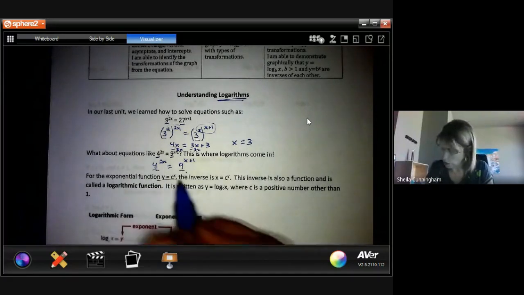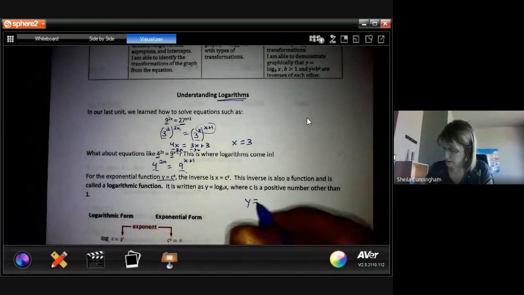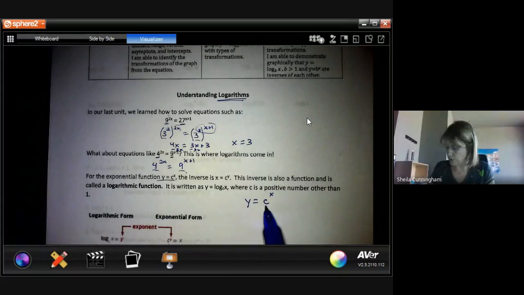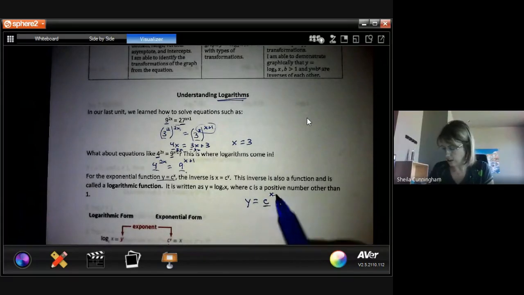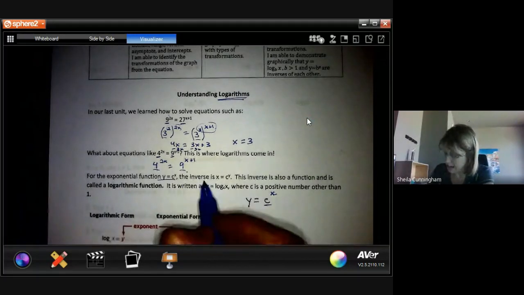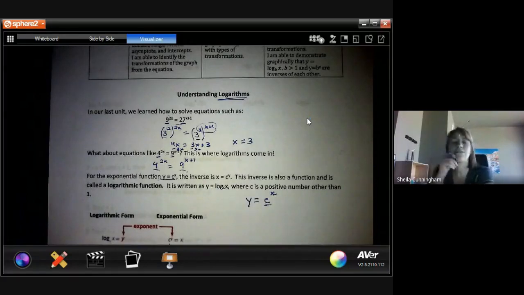Well, we know an exponential equation is always made up of a base, an exponent, and what it actually equals, right? So in this instance, remember inverses from the very first unit that we worked on, and finding the inverse of an equation?